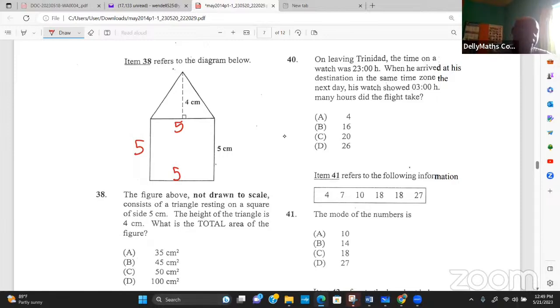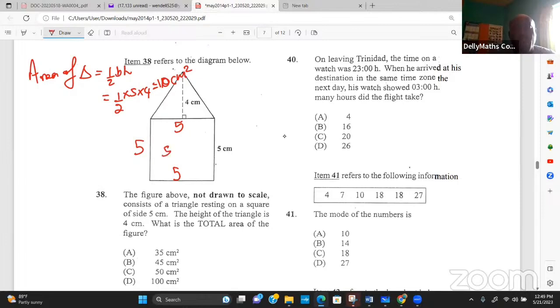Basically you want to find the area of the triangle as well as the area of the square. Quickly, area of the triangle is half base times height. It's half times 5 times 4. 5 times 4 is 20. Half of 20 gives me 10, so this is 10 cm squared.